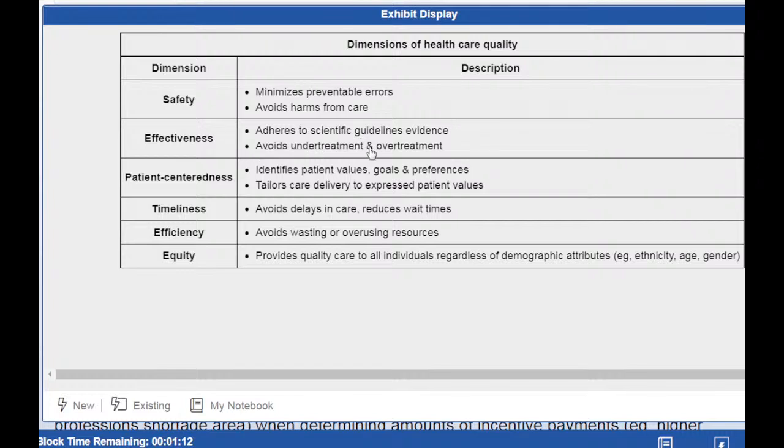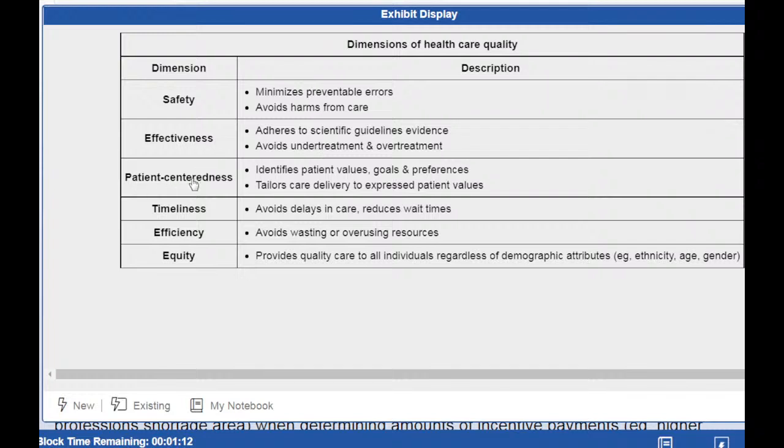Avoid undertreatment or overtreatment. Like you have a baby with a very bad ear infection, you send him home with nothing. You have to send him with at least amoxicillin. In the meantime he can see some doctors, another specialist. So avoid undertreatment or overtreatment.